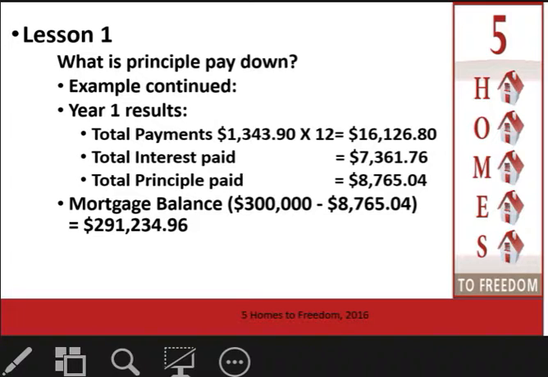The interest portion, the amount that we owe to the lender, and that's the cost of borrowing, is $7,361.76. The principal amount is $8,765.04. Therefore, our mortgage balance is going to be the original $300,000 less that principal paid, which is $8,765.04, leaving us with our mortgage balance of $291,234.96.